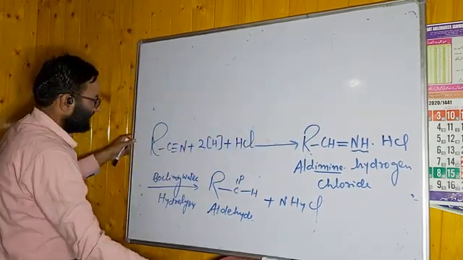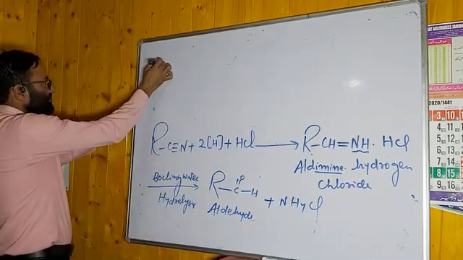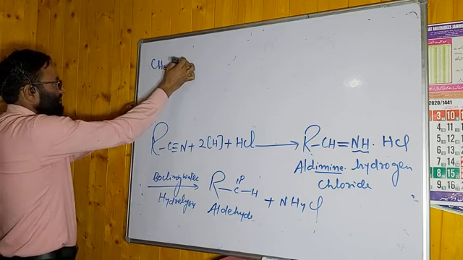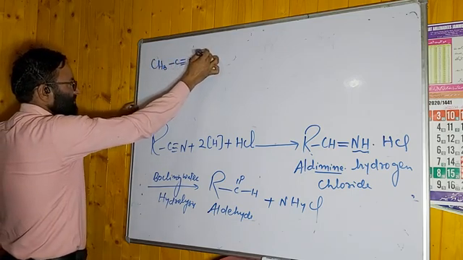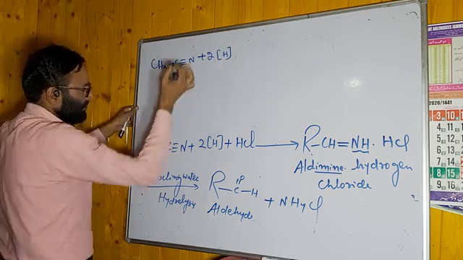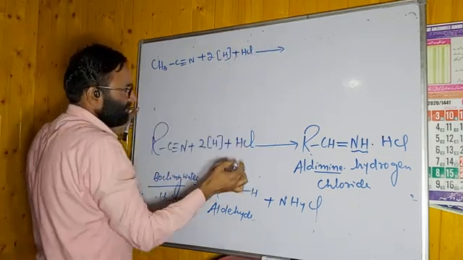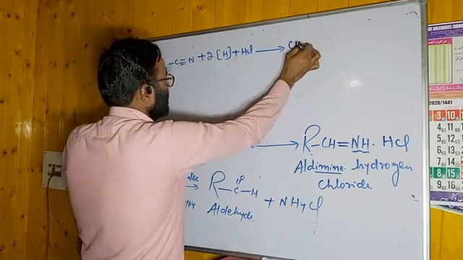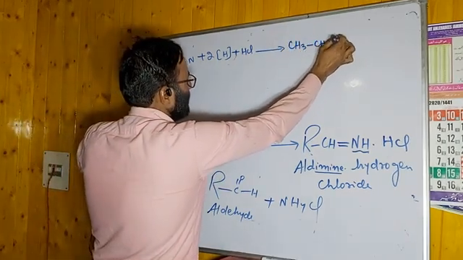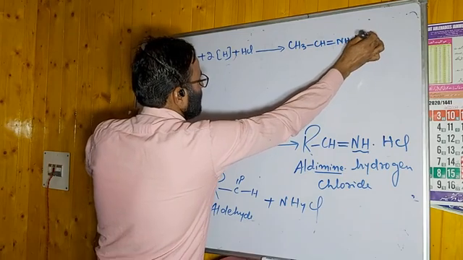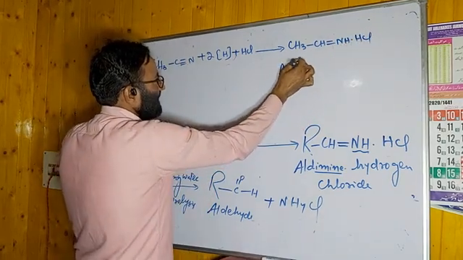Now instead of R I will take CH3. CH3 C triple bond N plus twice nascent hydrogen plus HCl. What you will have? You will have CH3 CH double bond NH HCl. What will be the name? Acetaldehyde.